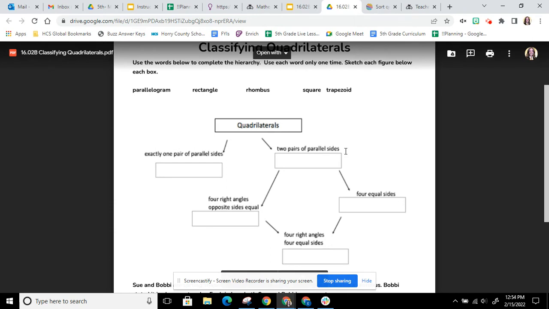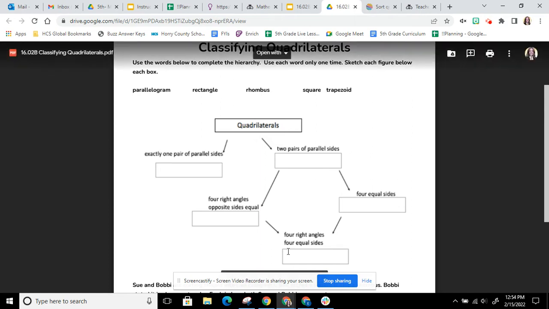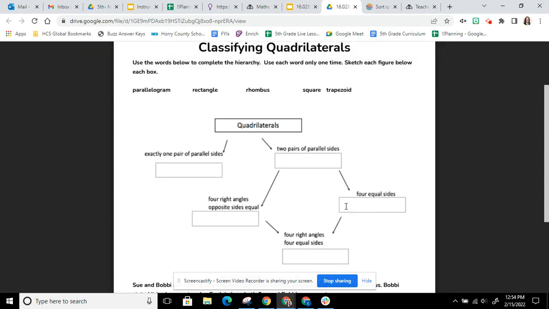Two pairs of parallel sides. Is that a parallelogram, a rectangle, a rhombus, a square, a trapezoid? You're going to do that for each of the boxes. What's really going to help you are the diagrams and pictures of the different shapes in the lesson.